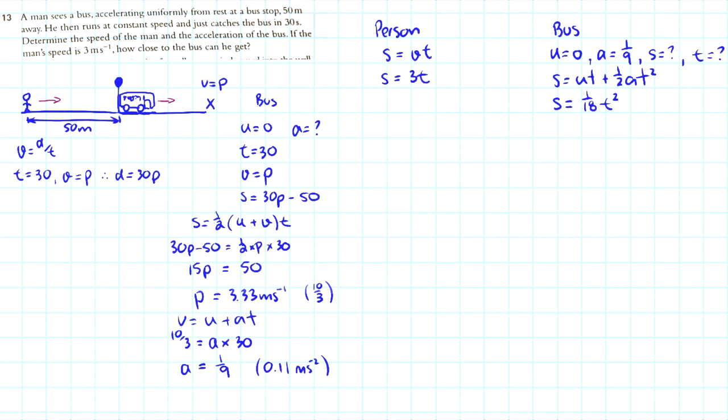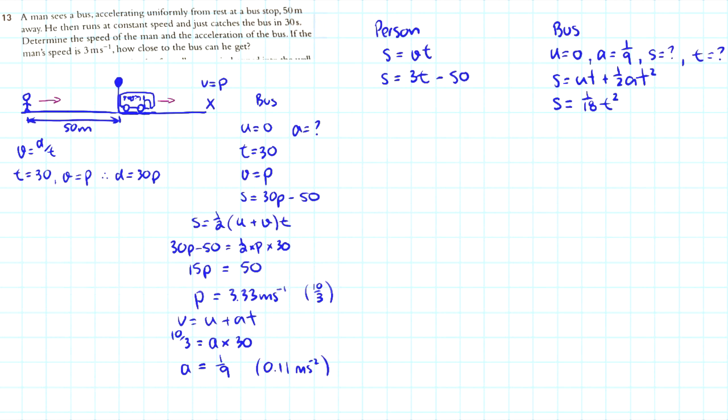If we're relating these together, they have to be referenced from the same starting point. They're 50 meters behind the bus, so we subtract 50 meters from the person's displacement and we have their position relative to the bus stop, and the bus's position is also relative to the bus stop.